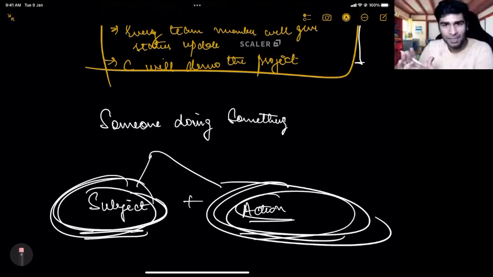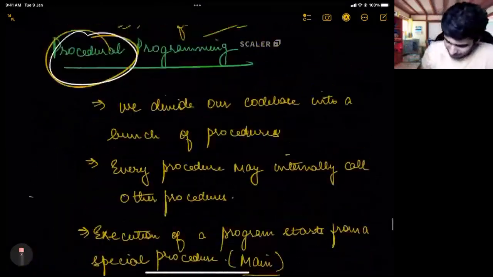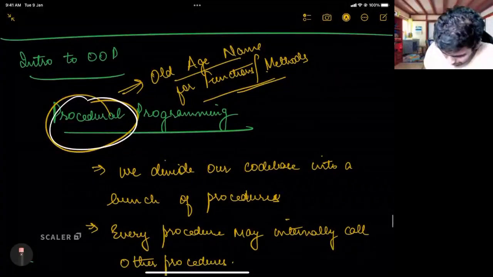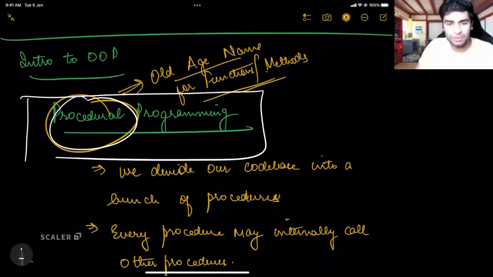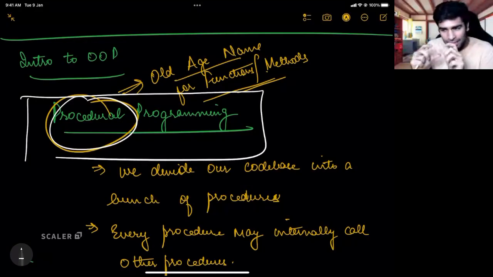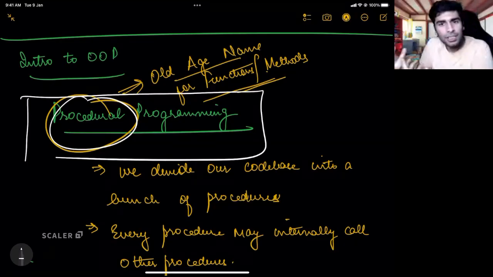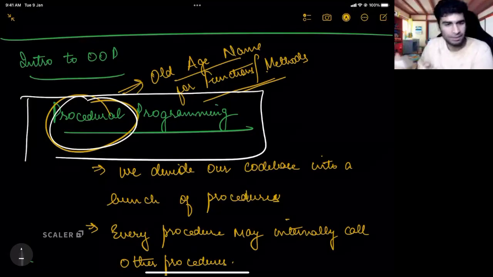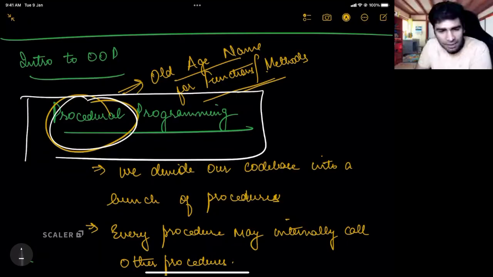Now, let us just go a bit above. In procedural programming, now imagine a complex software system. In the real world, can we say each of us is an entity? Sumit is an entity, Naman is an entity, Sarik is an entity, everyone is an entity, right?